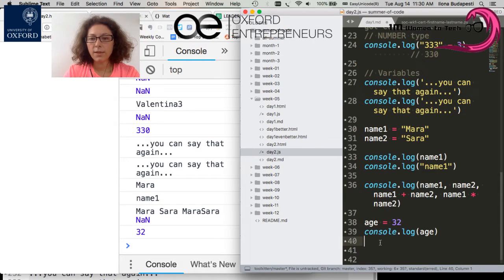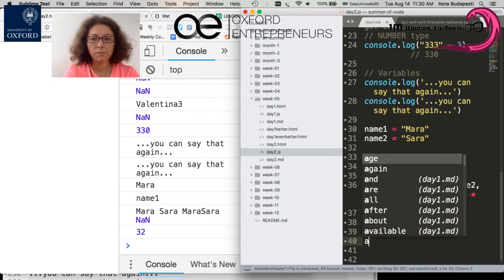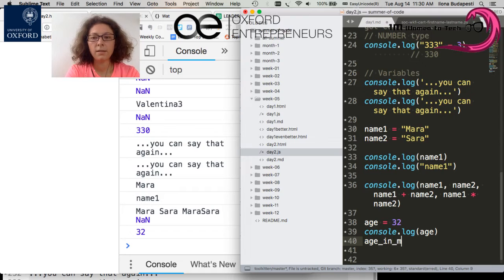But now we can do things like, oh, we are now in JavaScript, so I can change age in milliseconds.